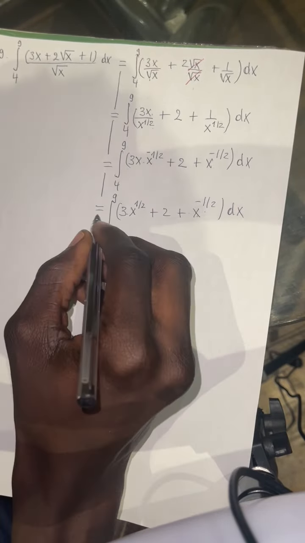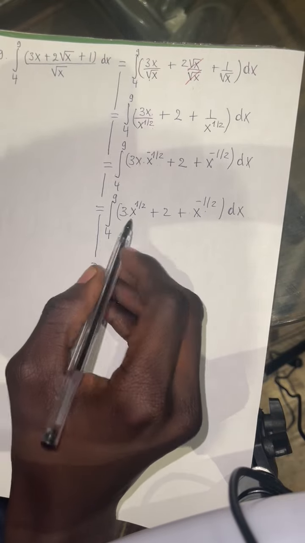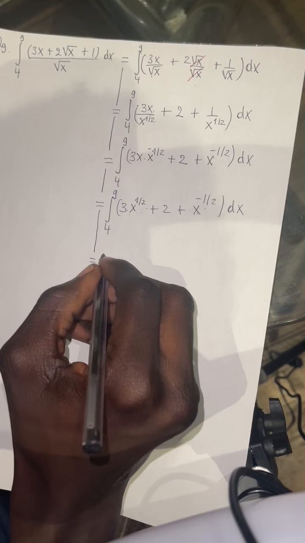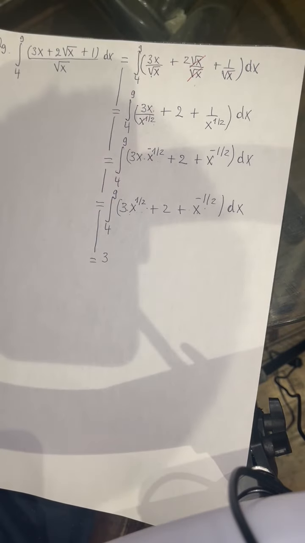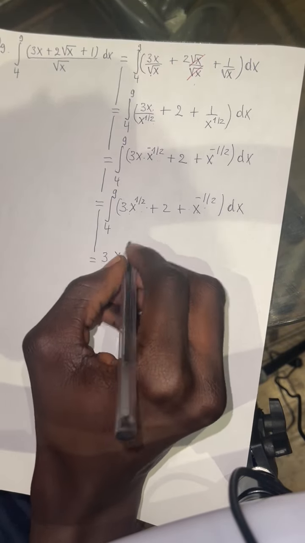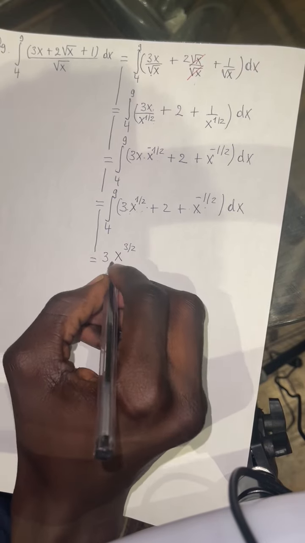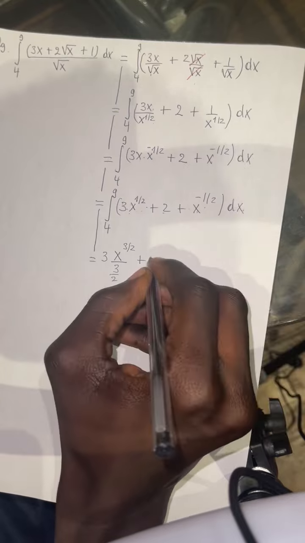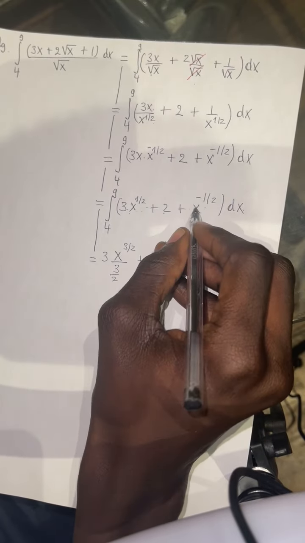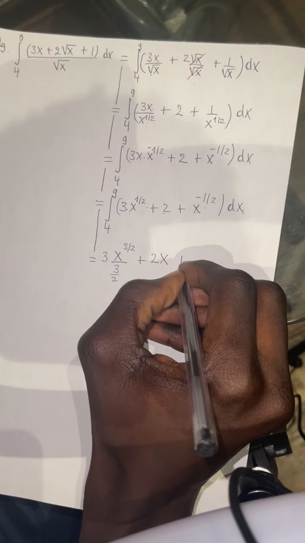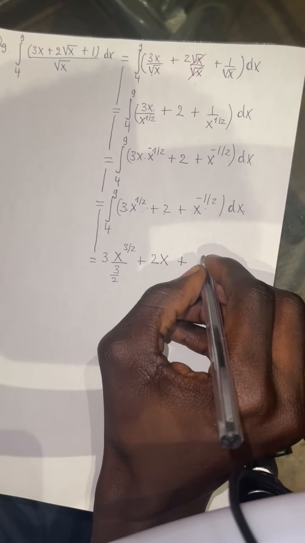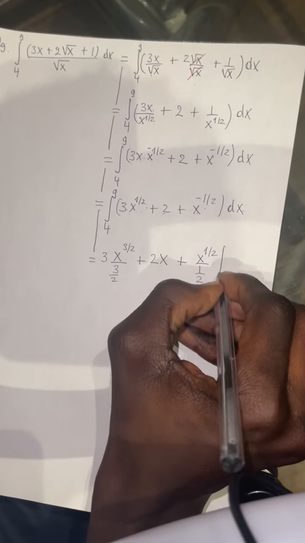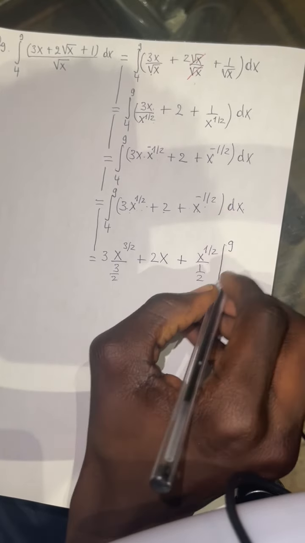You can't add them. So now we integrate this using the formula I told you guys. We're going to have 3, and then x to the power 3 over 2 divided by 3 over 2. The integration of 2 with respect to x is just 2x. For this one, we're going to have plus x to the positive power divided again by that positive power, and we're not going to put c because we have the limit.